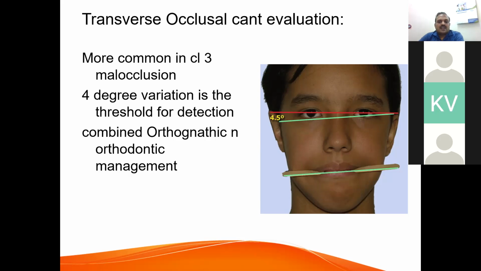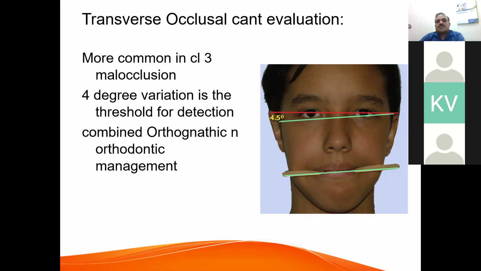If the cant is present at the lower one-third level, then you can use the interpupillary line: draw a horizontal line through the interpupillary region on the radiograph and check the parallelism. If a 4.5-degree cant is there, then it is an appreciable cant. So it needs to be addressed by both combined orthodontic and orthognathic surgery.